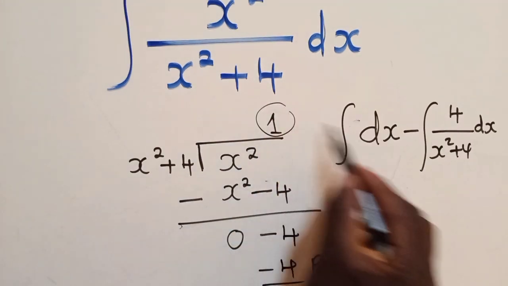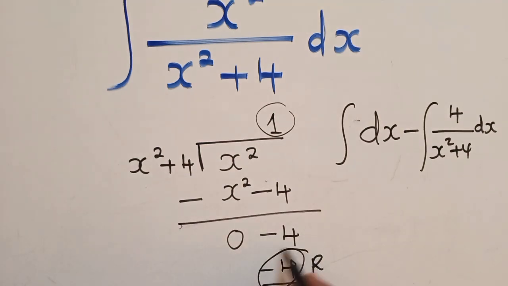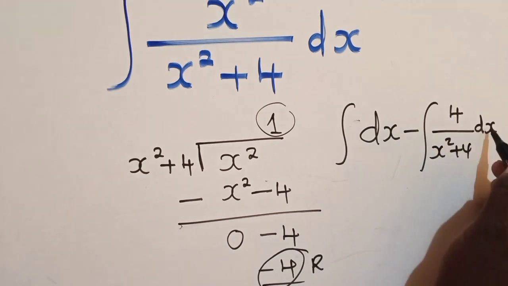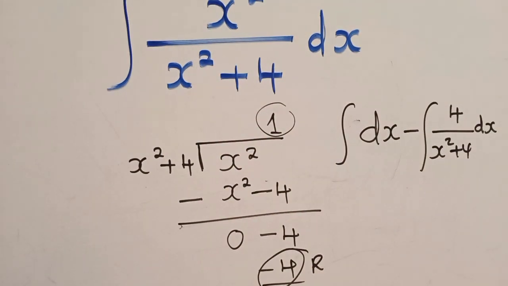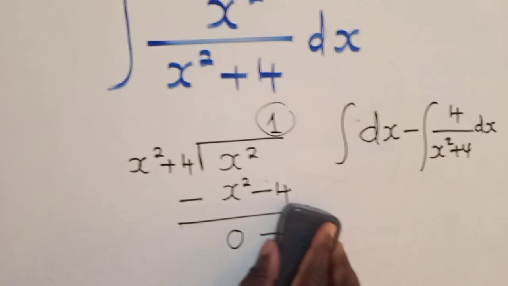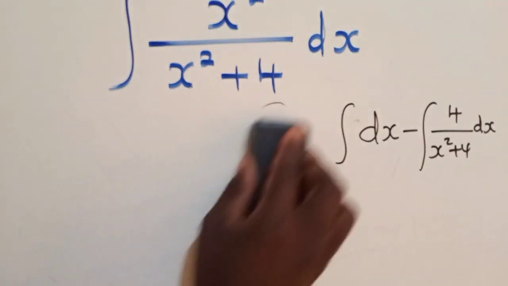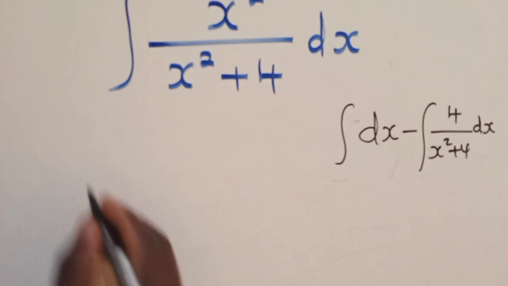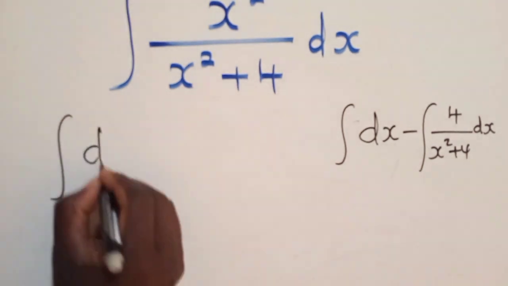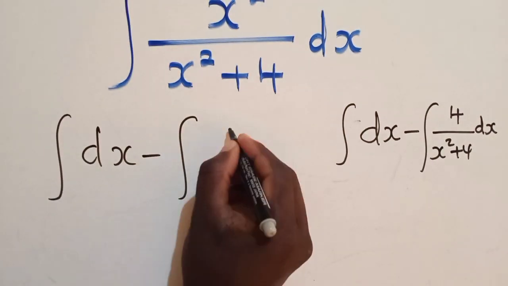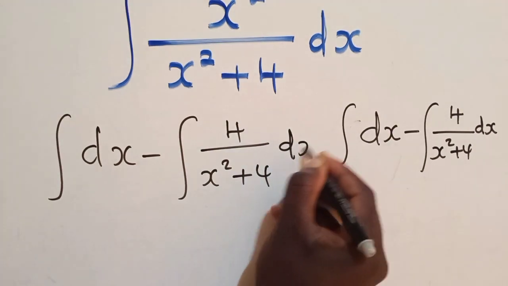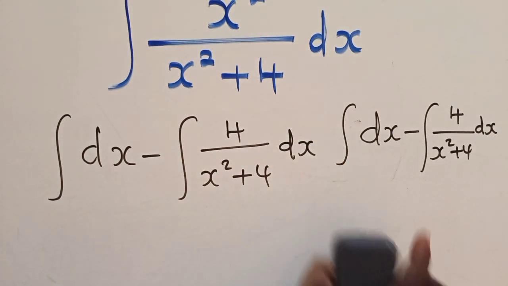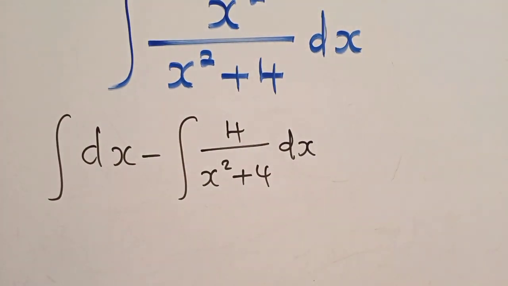Then you come to the remainder: the negative is right here and the 4 is over the denominator. So that's partial fraction; we have applied long division. Let me just copy it: integral of dx minus integral of 4 over x power 2 plus 4 dx. So this is what we are integrating. Remember, property number 1 has worked.